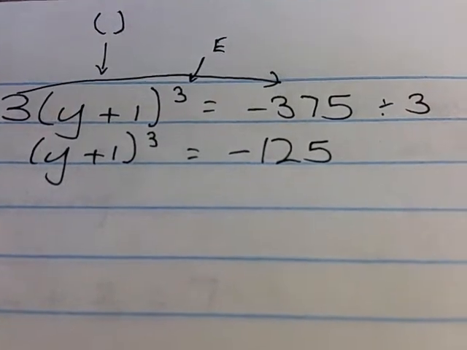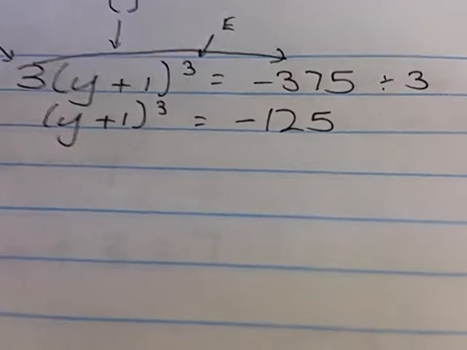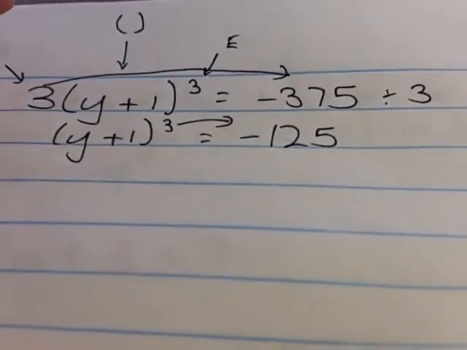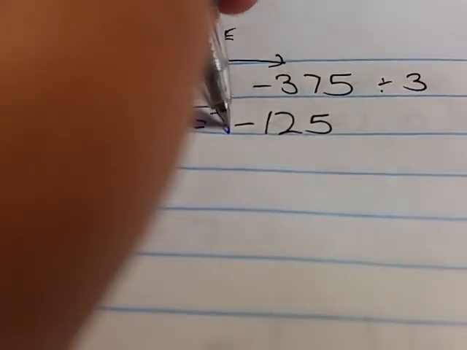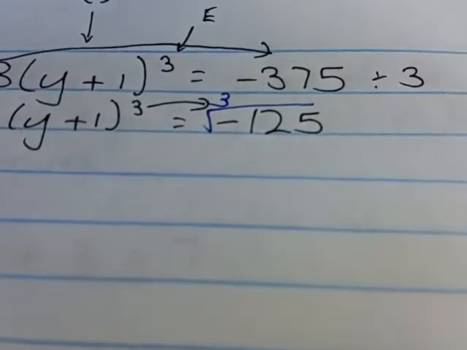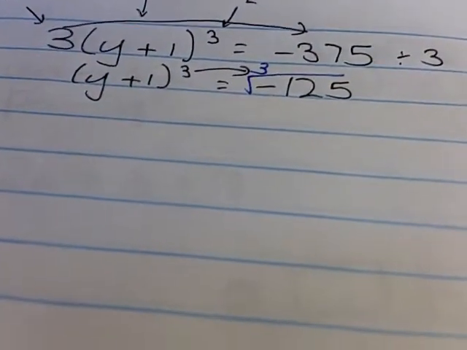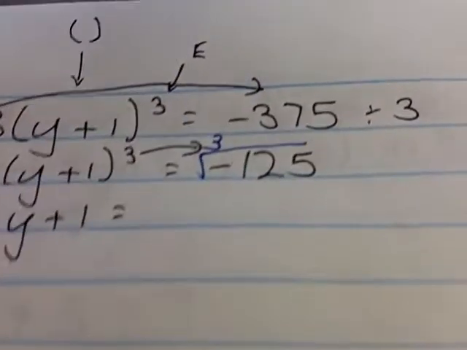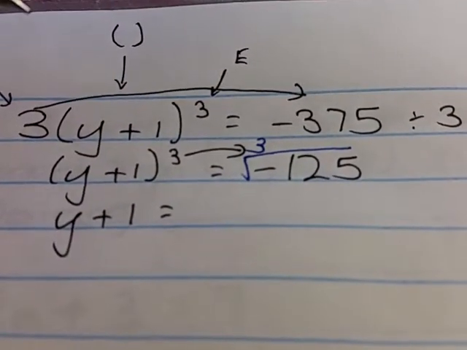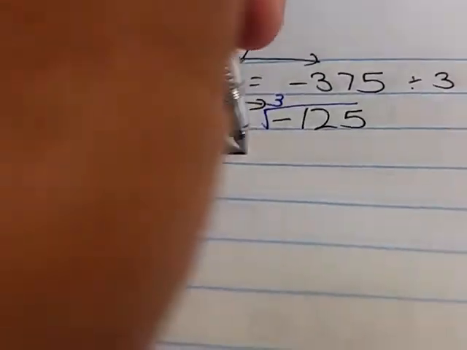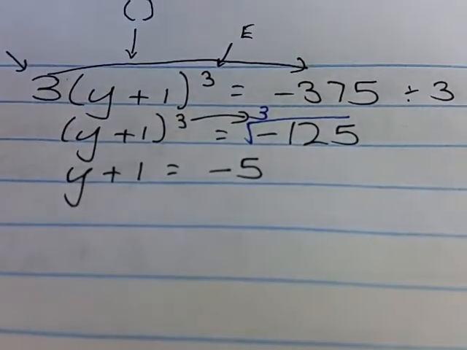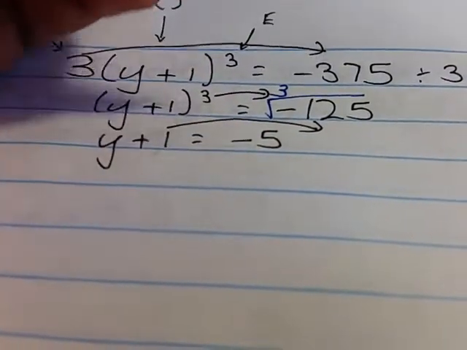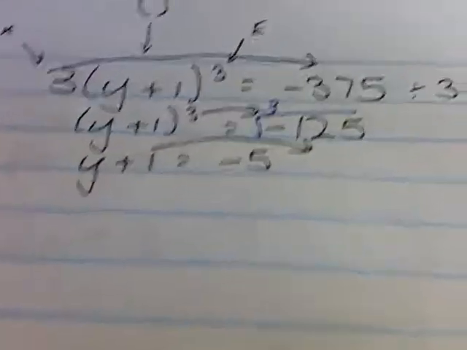Now you have bracket and exponent remaining. You, of course, have to move the exponent. The opposite of cube is cube root. So therefore, y plus 1 is equal to the cube root of negative 125, which is negative 5. And from there, just move the positive 1 over.